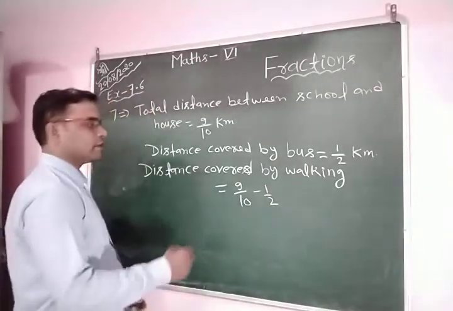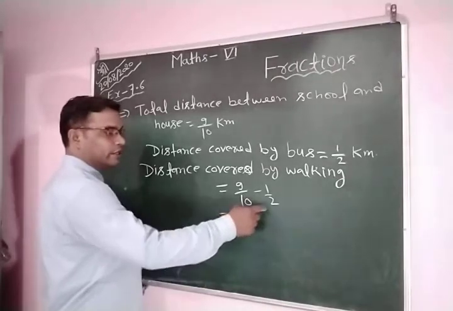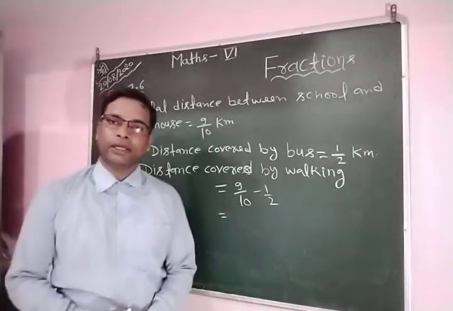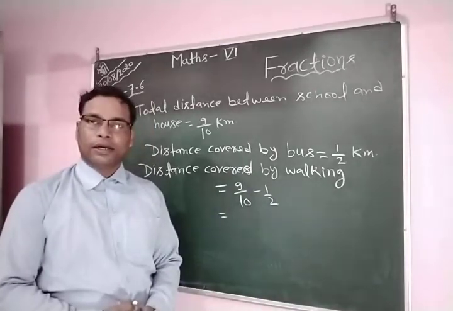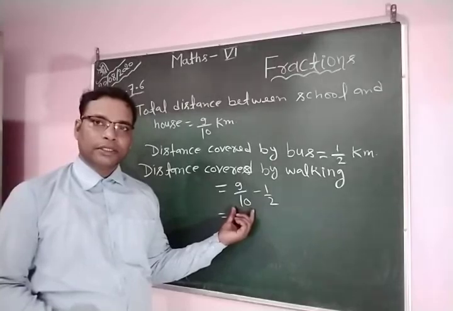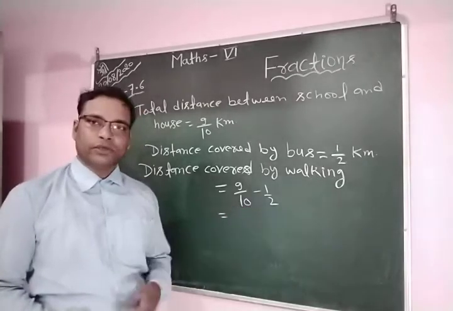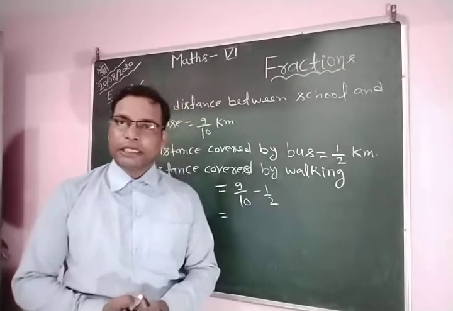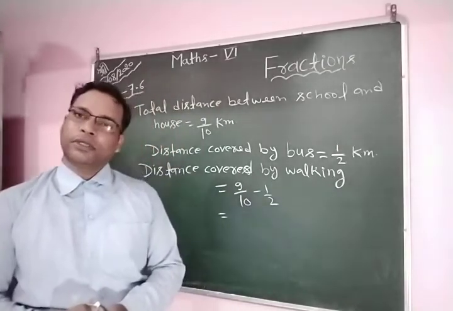Okay, so this is equal to, you can see both fractions 9 by 10 and 1 by 2 are unlike fractions because their denominator is different. The denominators of both fractions are 10 and 2, but here you can see 10 is the multiple of 2, so LCM is 10.